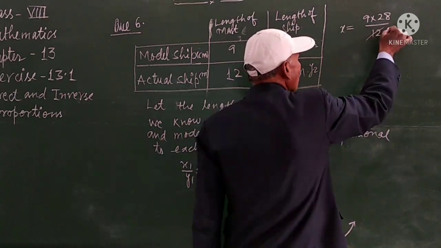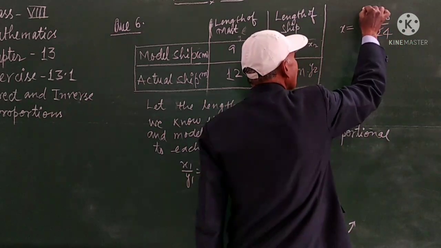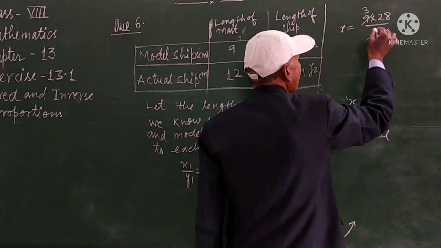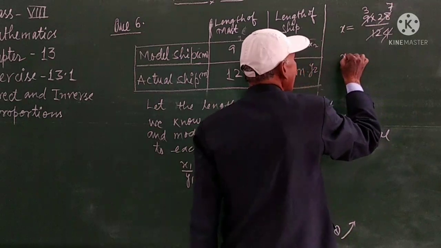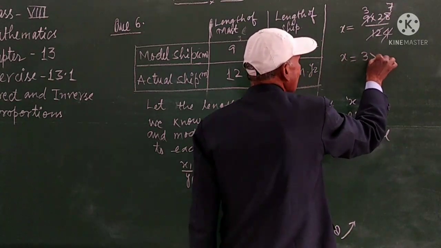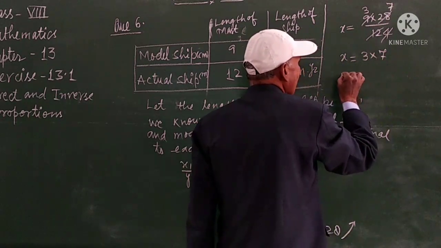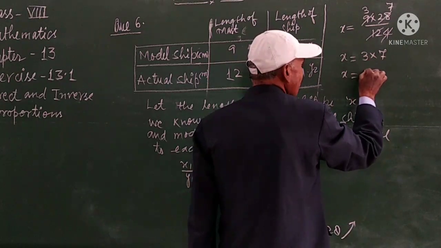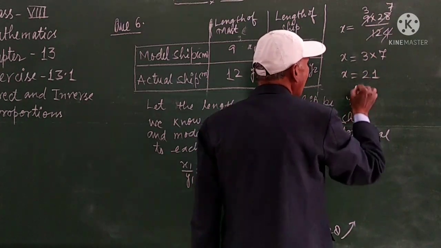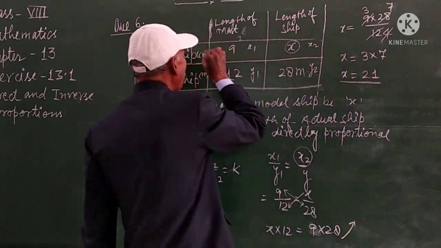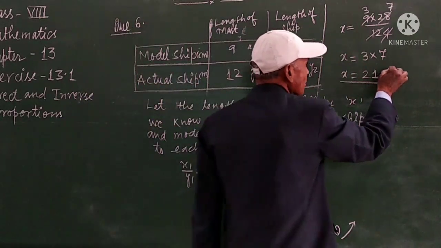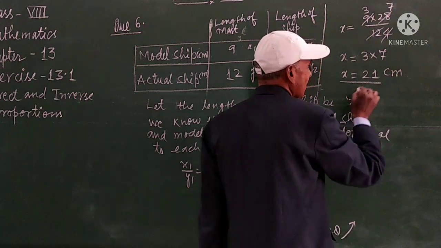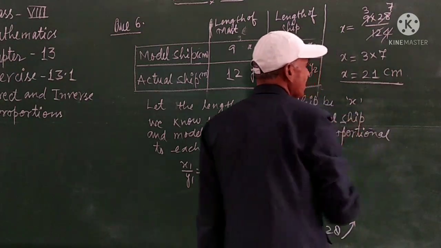So 3 fours are 12, 3 threes are 9, and 4 sevens are 28. So x is equal to 3 into 7. So x is equal to 21, and this is the length of the model ship, students. It is given in centimeter, so it will be in centimeter. This is the answer.